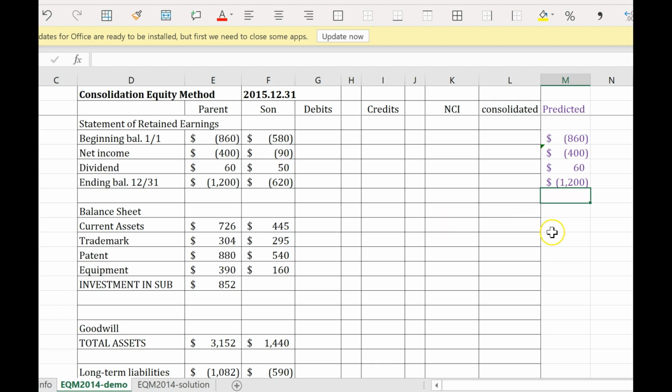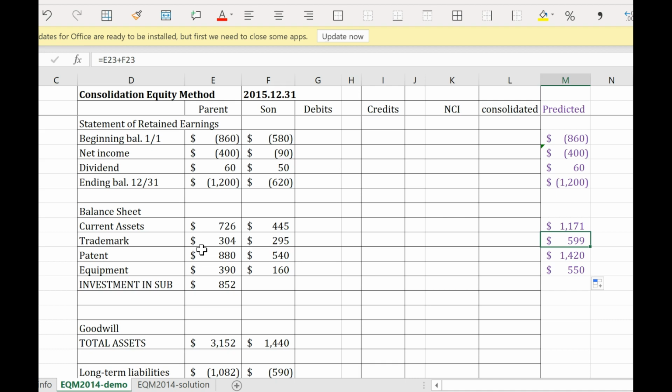Balance sheet. Most of the accounts, when they're consolidated, would equal the parent's number plus the subsidiary's number. I'm just going to scroll down. I copy and paste all the formulas below. But when we look at the trademark, you would say, wait a minute, there is a fair value different from the book value.